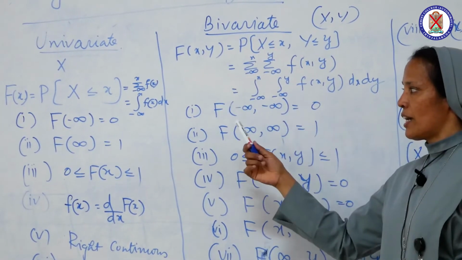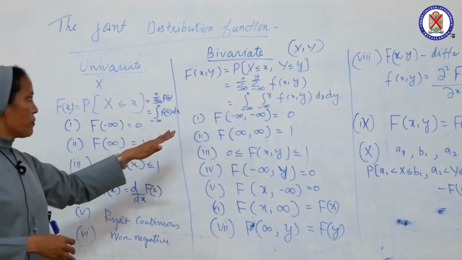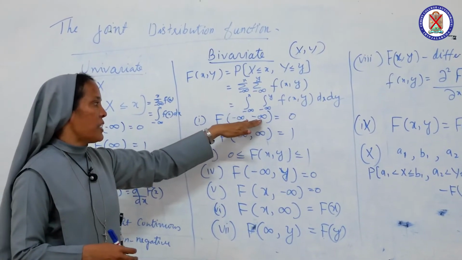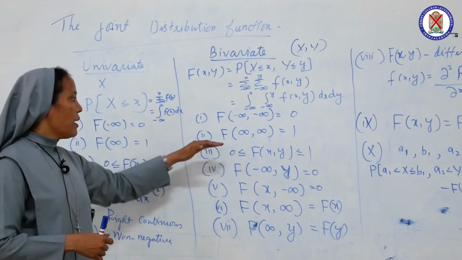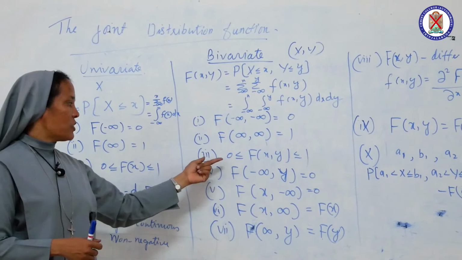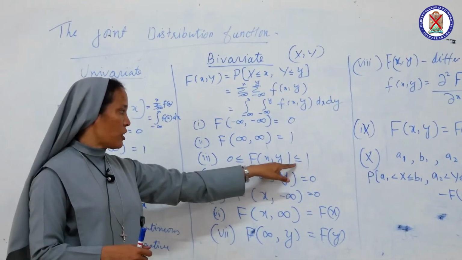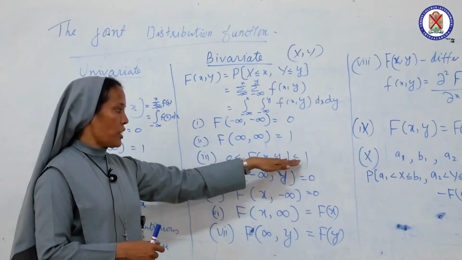Corresponding to this function, we have some properties as in the case of univariate distribution. F of minus infinity is equal to 0, and F of infinity is equal to 1, and third, 0 is less than or equal to the distribution function F of x comma y, which is less than or equal to 1.